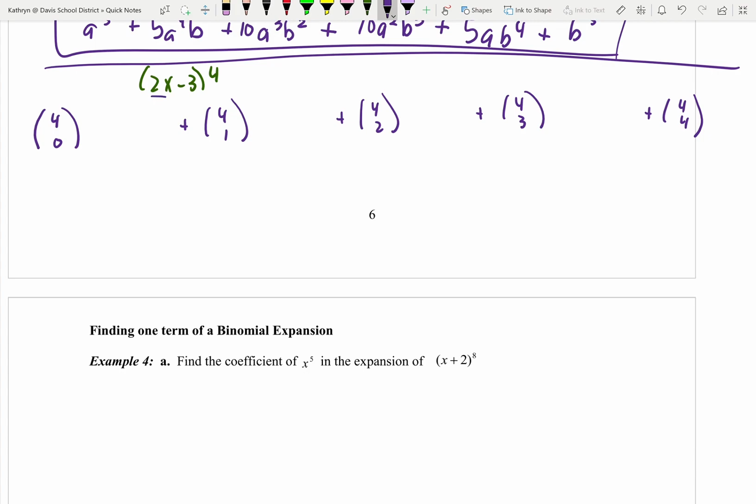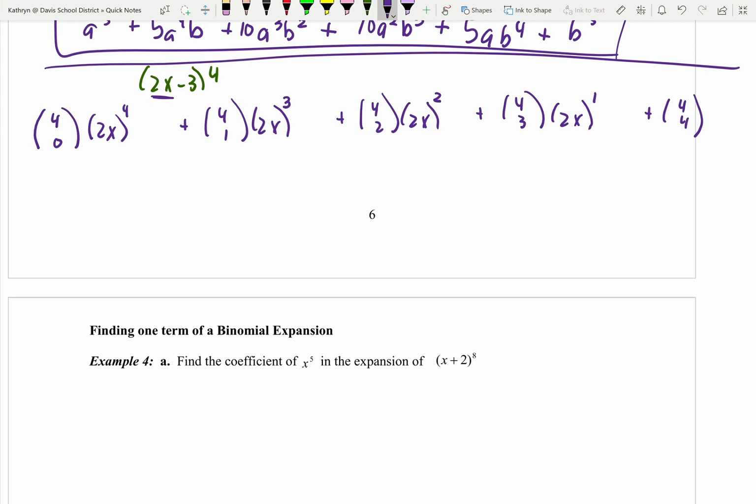To see how my first term is a 2x, I have to put that in parentheses. So everybody go 2x, 2x, 2x, 2x, like that, 4 times. The first term starts high, so the 2x is to the 4th, then it's to the 3rd, then it's to the 2nd, and then it's to the 1st.